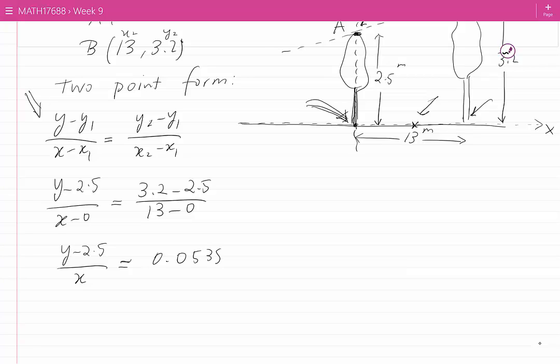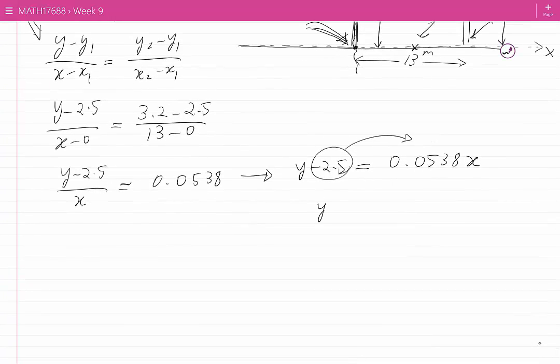Please note that I am not really careful about the significant digits in this problem. I can cross multiply this equation to get y minus 2.5 is equal to 0.0538 times x. And if I carry minus 2.5 to the other side of this equation, I will have y is equal to 0.0538x plus 2.5.